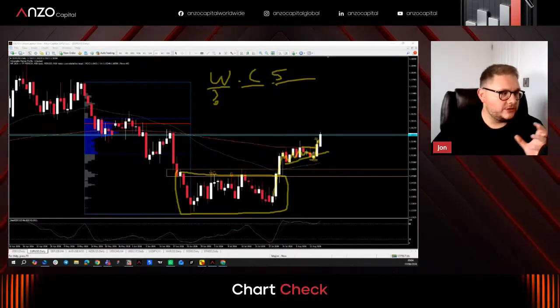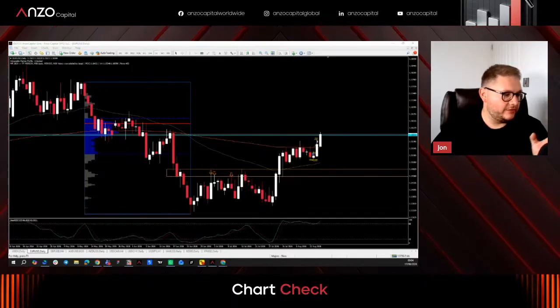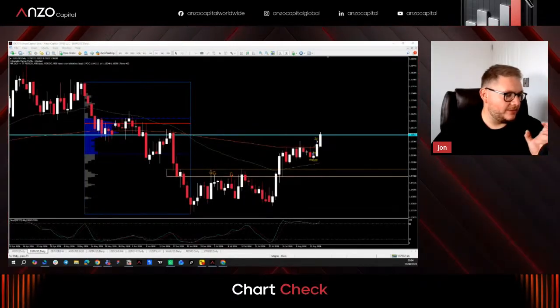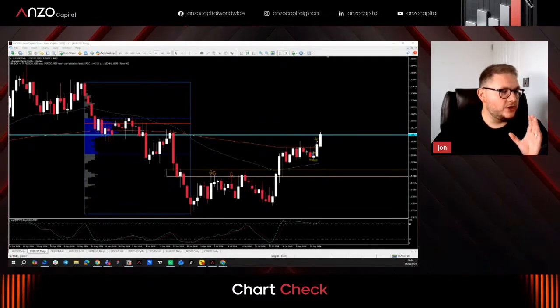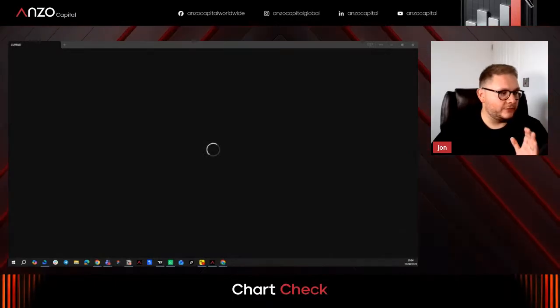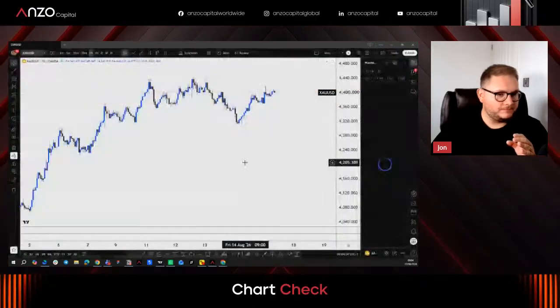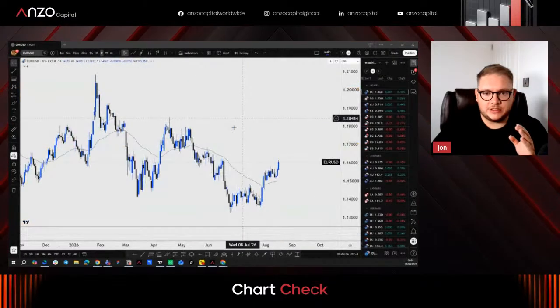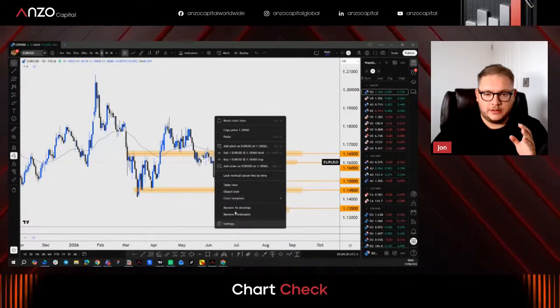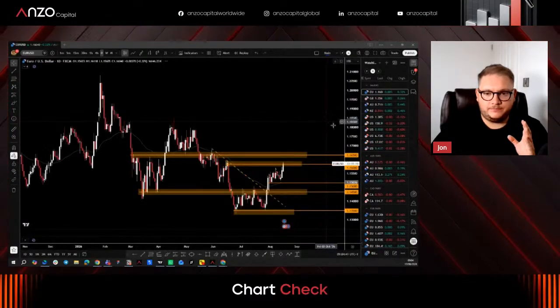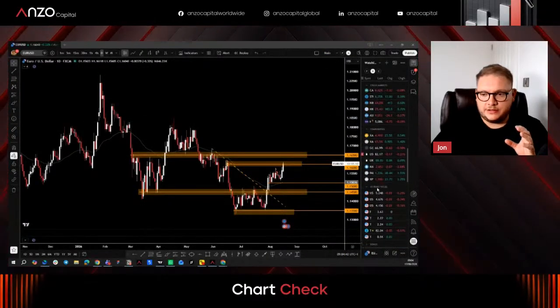Now, what we also saw over the past few weeks is the US yields have been falling. So if I open up TradingView here, I'll show you what I mean by that. Let me change my template and go to the US yields.